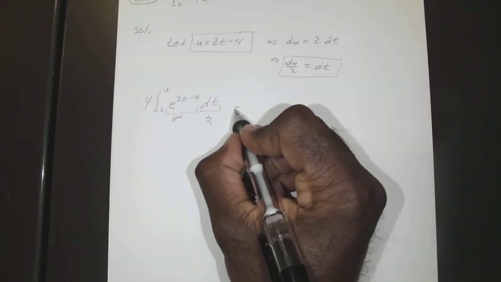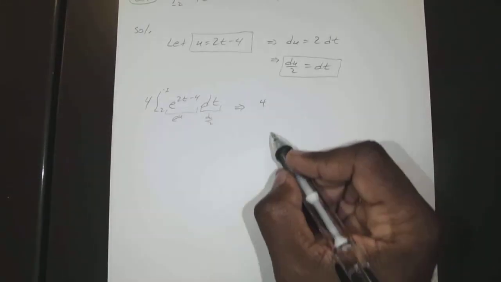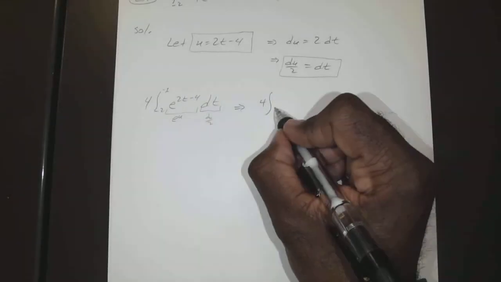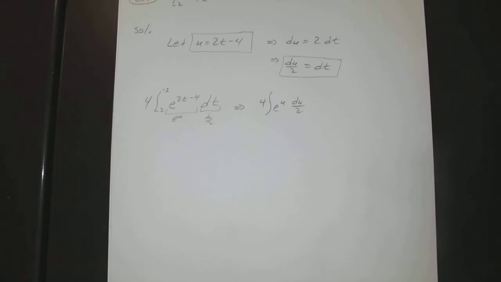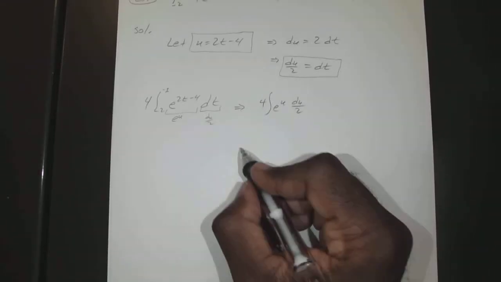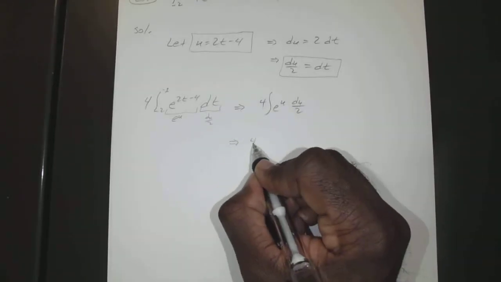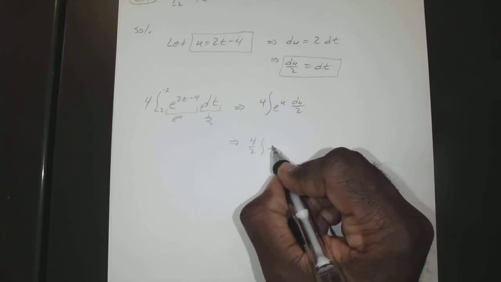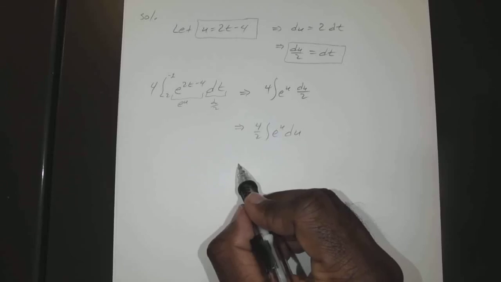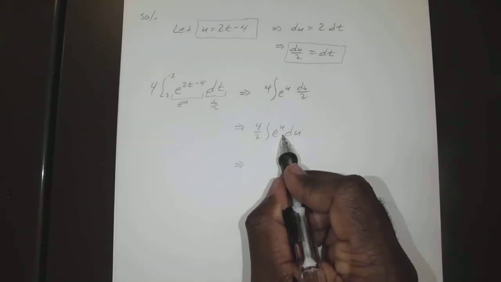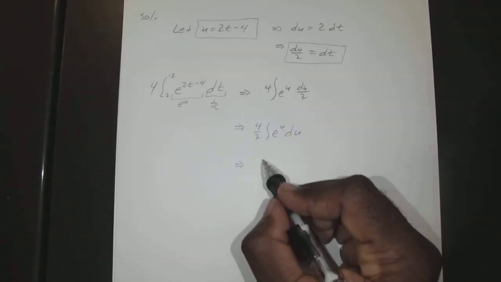So if we rewrite that, we have 4 times the integral of e to the u times du over 2, where we get that 1/2 and bring it out to the front. 4 over 2 times e to the u du, which just becomes 2. And the integral of e to the u is just e to the u.